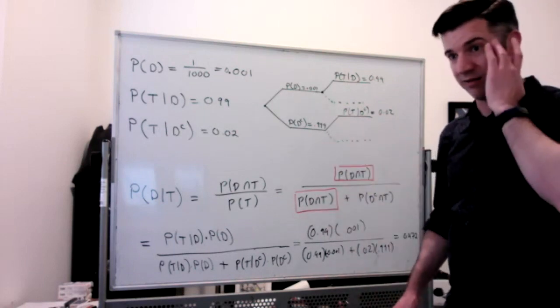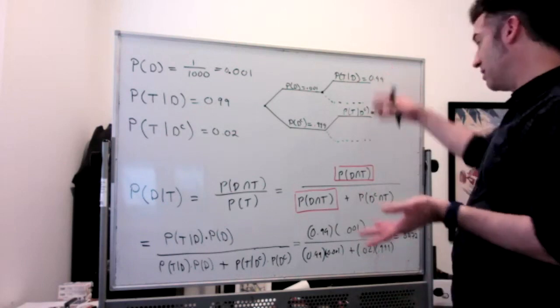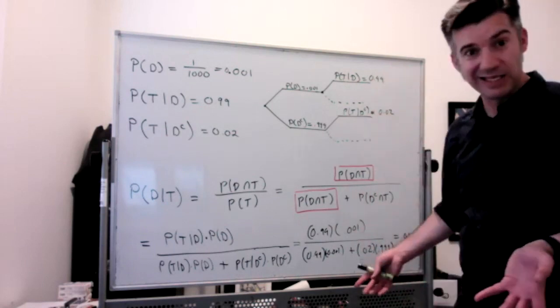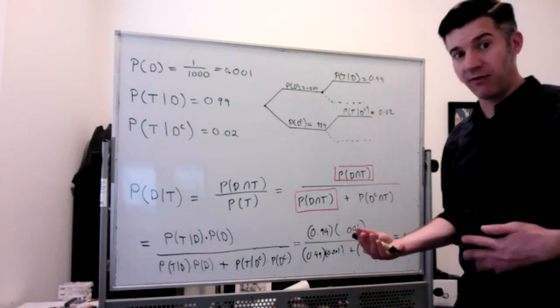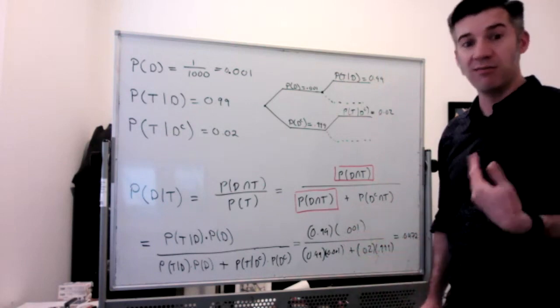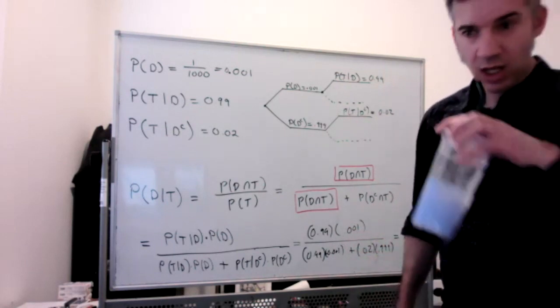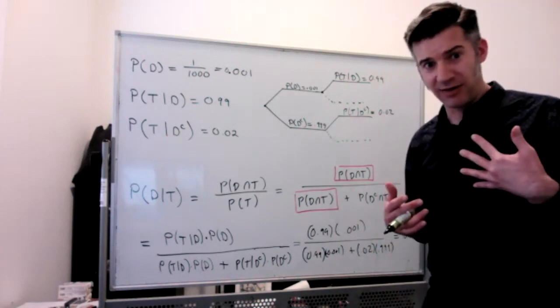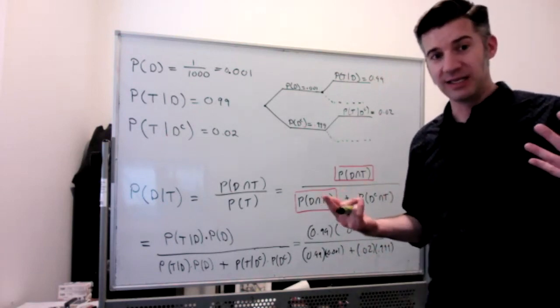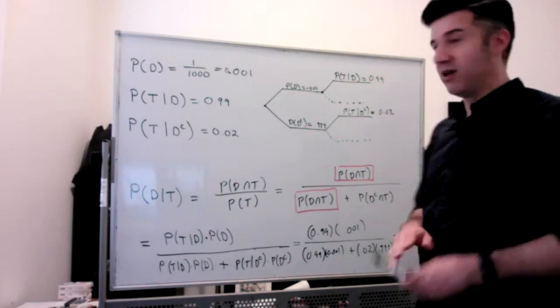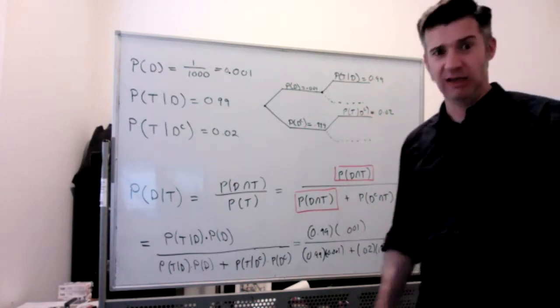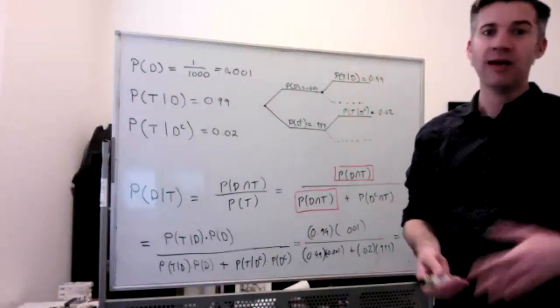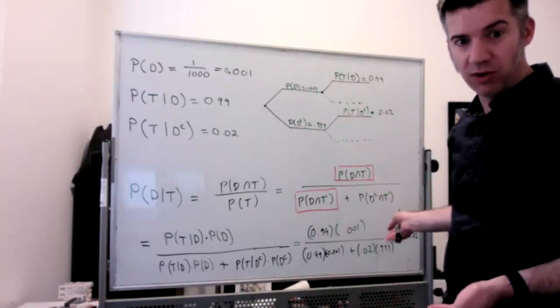As he was saying in class, from a doctor's perspective, you don't want to conflate these because they have very different values and very different meanings. If I went to the doctor and took some test for a disease and came back positive, and the doctor said, well, there's a 99% chance you have the disease, I'd be worried. Where really that's not the case. There's probably a much lower chance of having the disease.